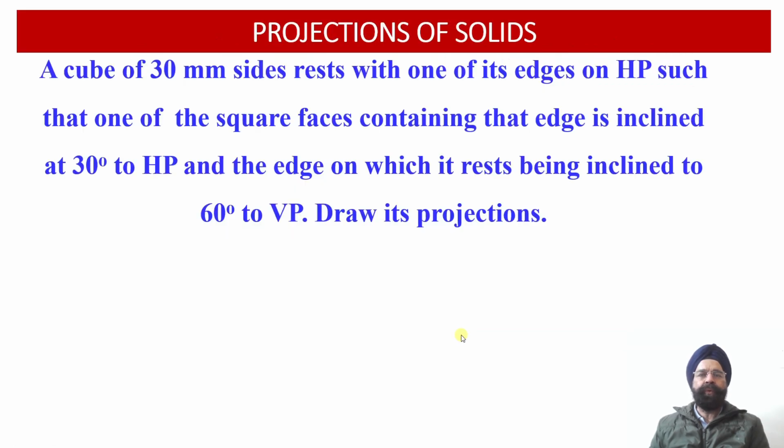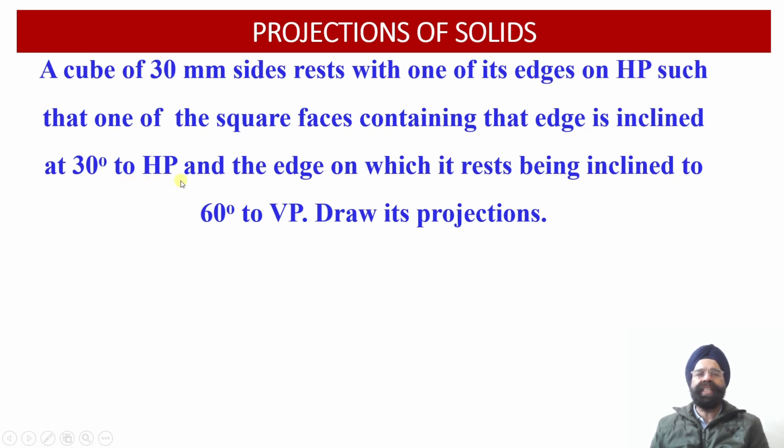So here we have been provided with an oblique cube having h equal to 30 millimeter, and this cube rests with one of its edges on the horizontal plane in such a way that one of the square faces which is containing that h is inclined at an angle of 30 degree with respect to the horizontal plane.